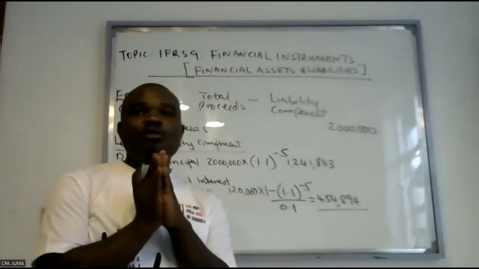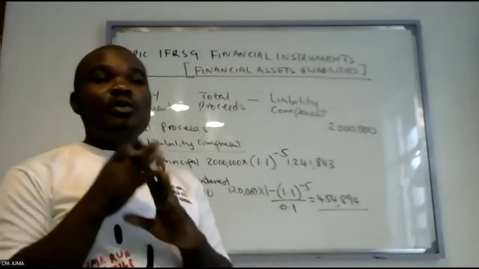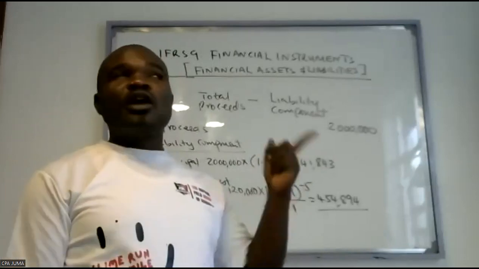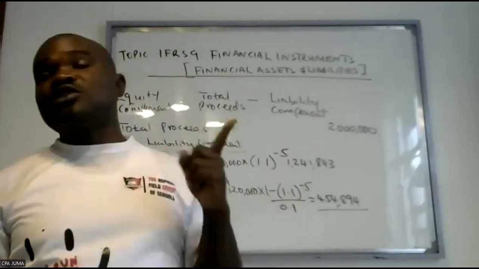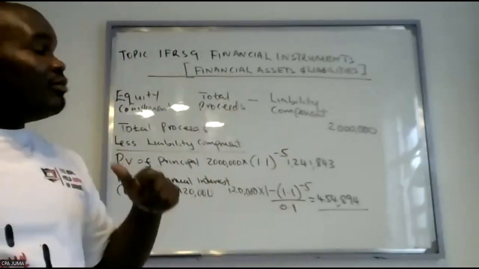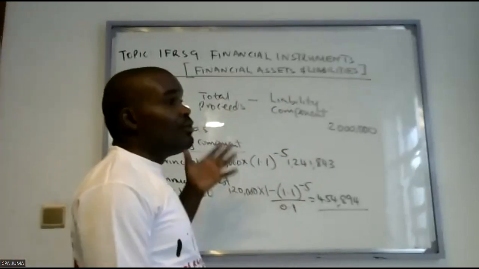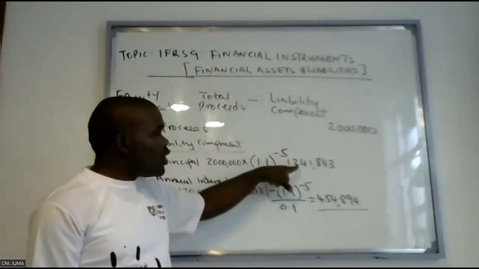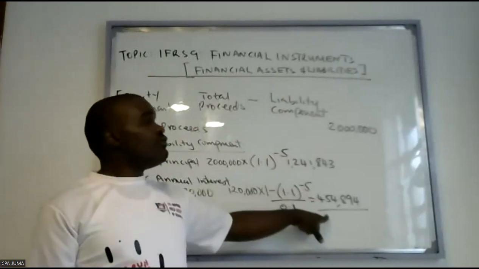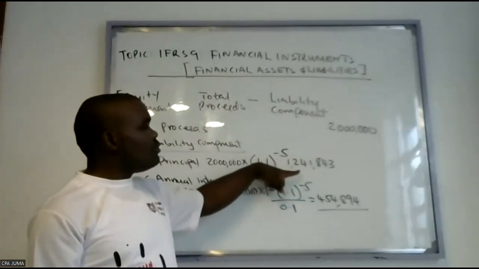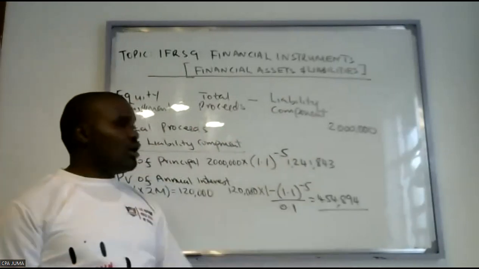So the total obligation, where the owner would have 2 million plus 600, which is 2.6. But to them, they know by the time they pay you, it's 1.2 plus this one. So can you add these two for me? These are the liability component. This plus this. How much?